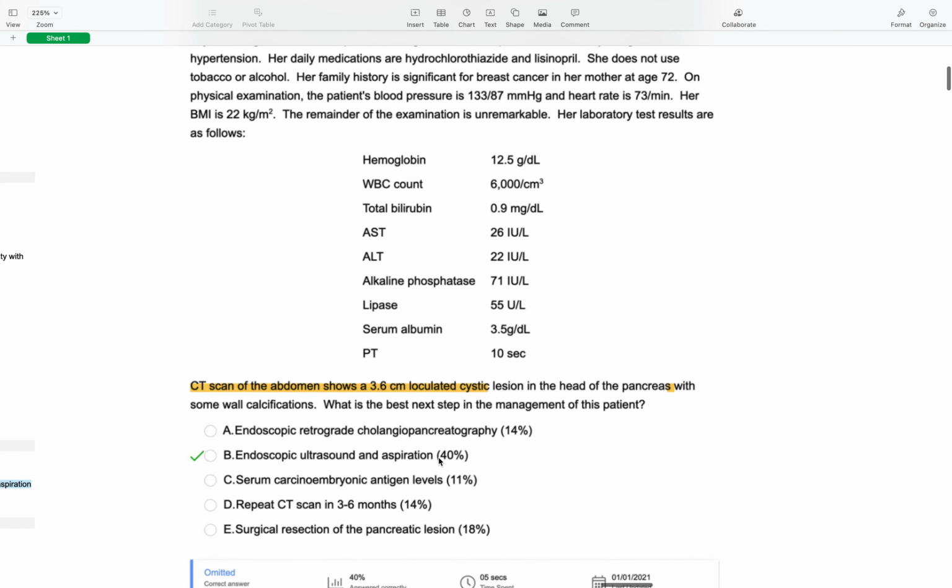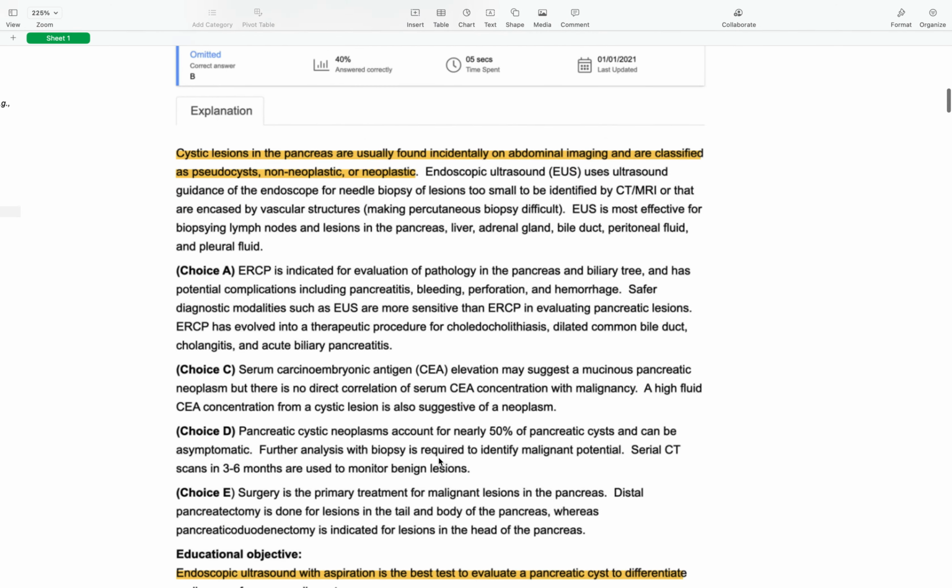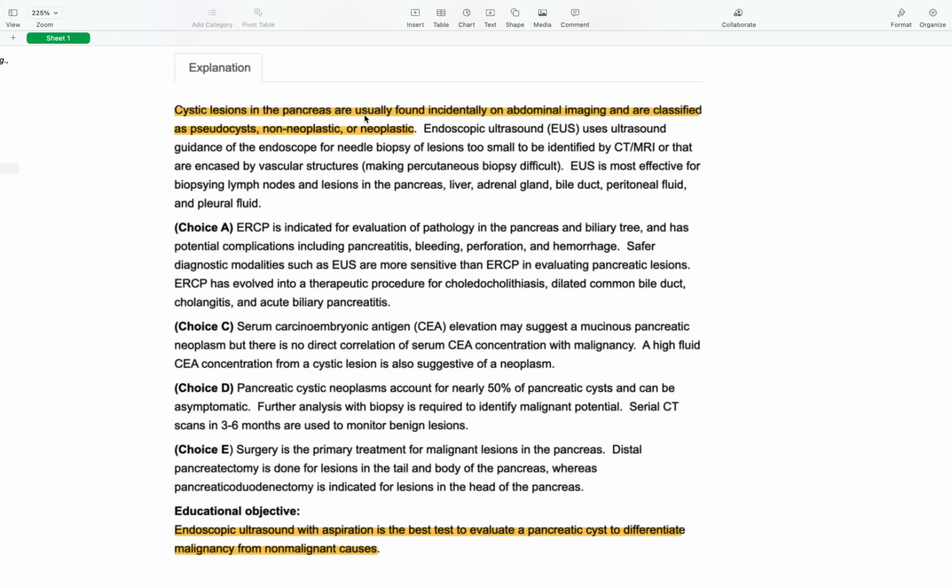So cystic lesions in the pancreas are usually found incidentally on abdominal imaging and are classified as pseudocysts, non-neoplastic, or neoplastic, because these cysts can be cancer. Therefore you need to do an endoscopic ultrasound with a needle biopsy for aspiration.